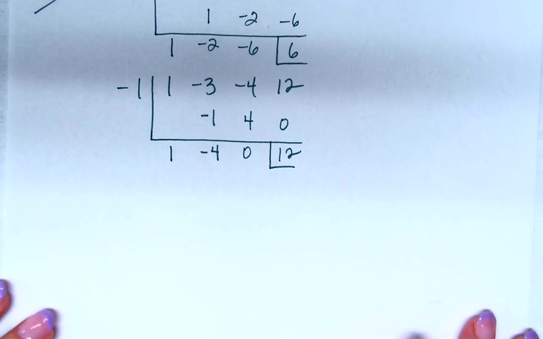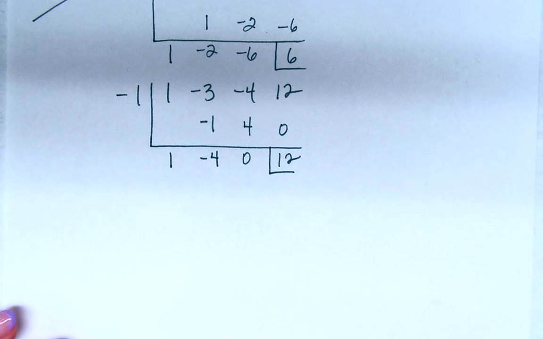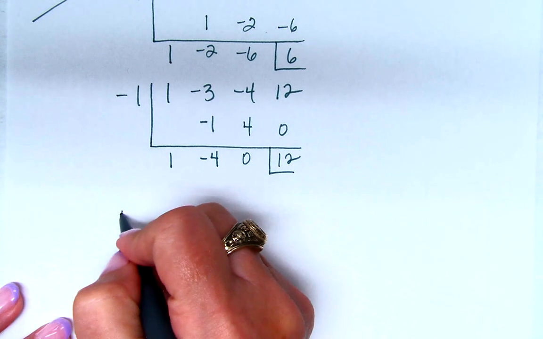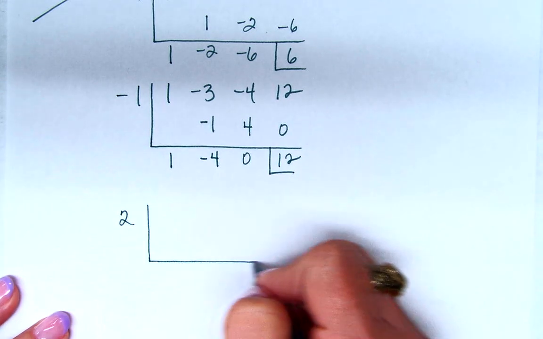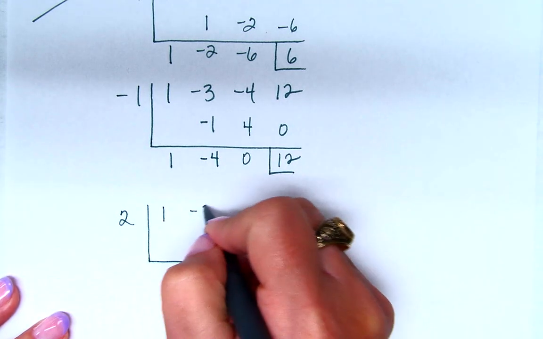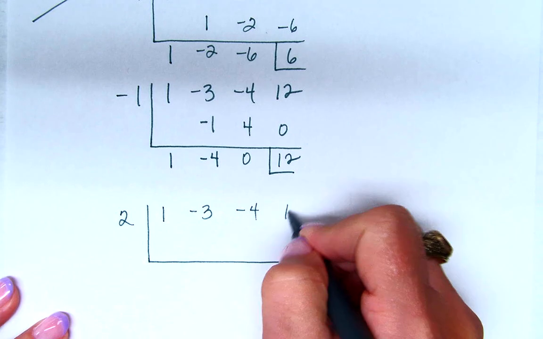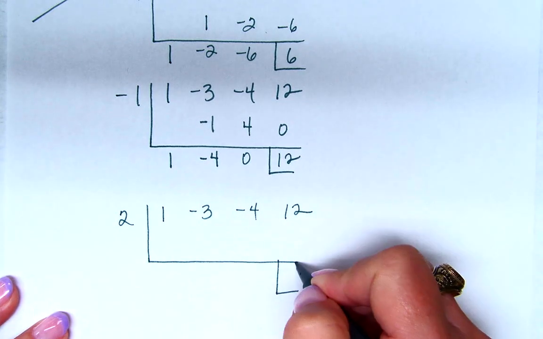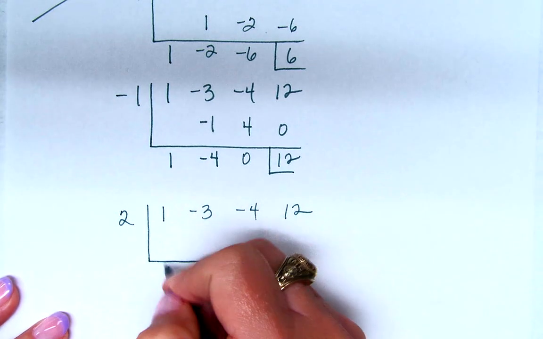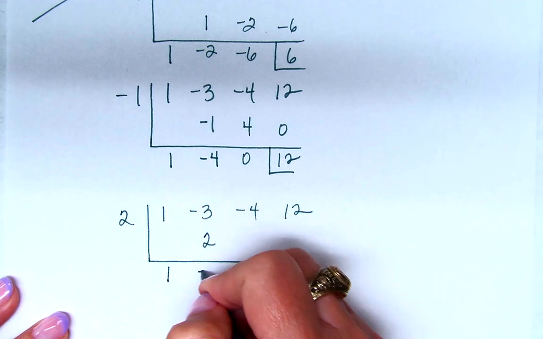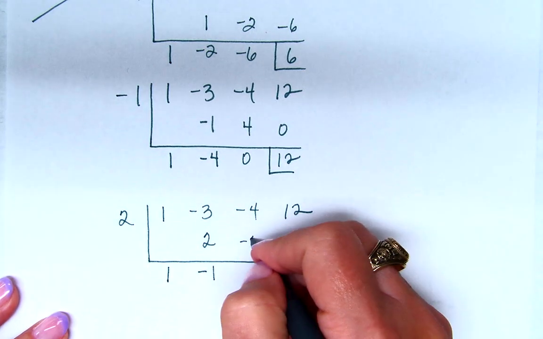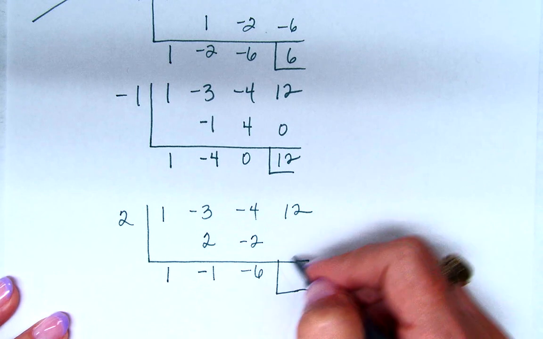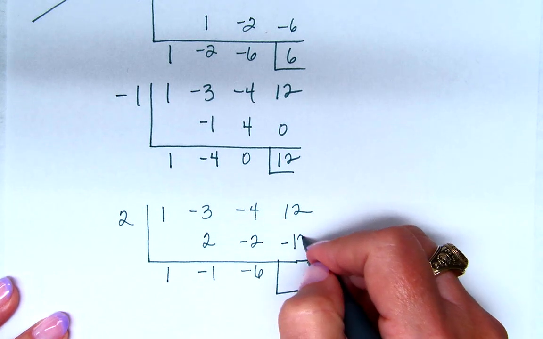Okay, 2. 2, 1, negative 3, negative 4, 12. 1, 2, negative 1, negative 2, negative 6, negative 12. Woo!